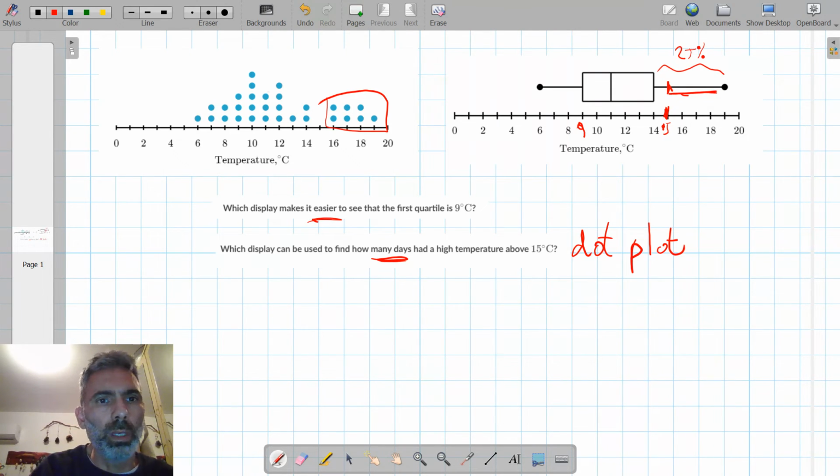We can also deduce it from the dot plot because we have all the data points and we can arrange them and calculate the first quartile, but in the box plot it's already given to us that the first quartile is 9 degrees Celsius, and in the dot plot it will be much harder to deduce it because we will have to arrange all the data points and count them and divide them into quartiles, so the box plot is a lot easier in this respect.